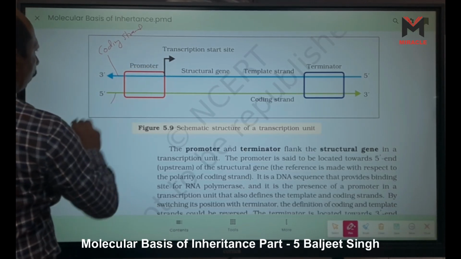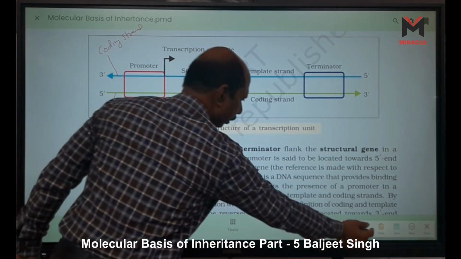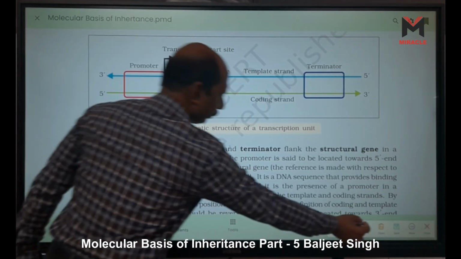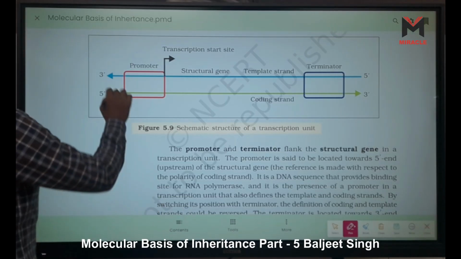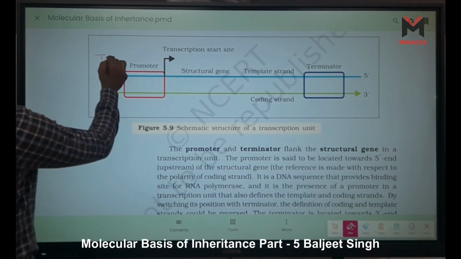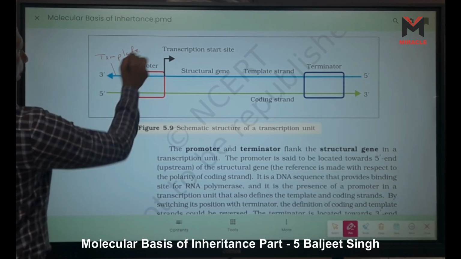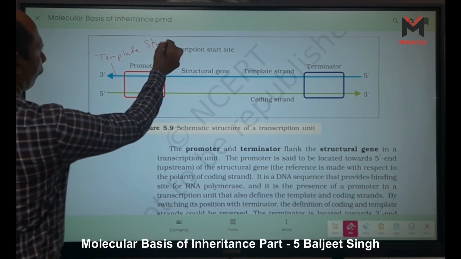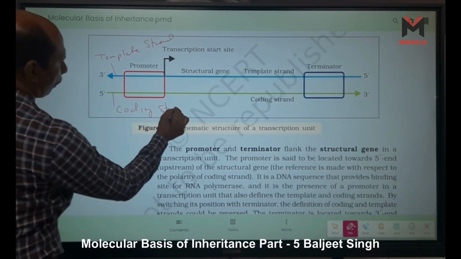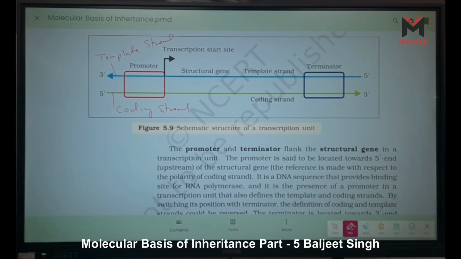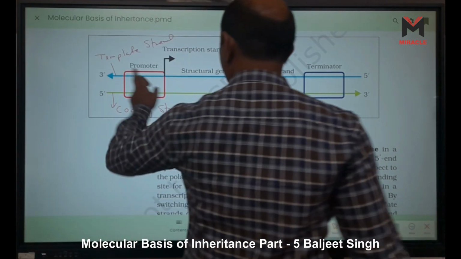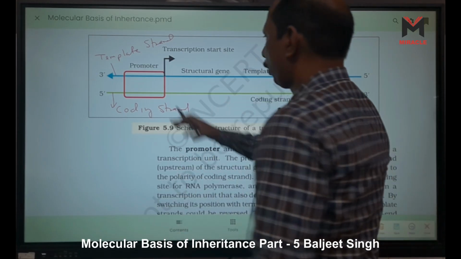Sorry, this one is not the coding strand, this one is called the template strand, and this one is the coding strand, because this is 5' to 3' and the other is 3' to 5'.